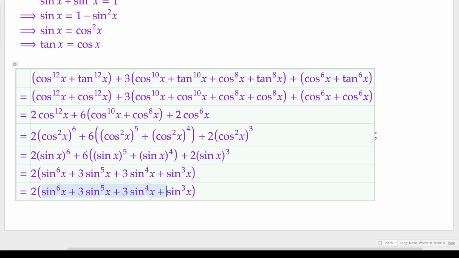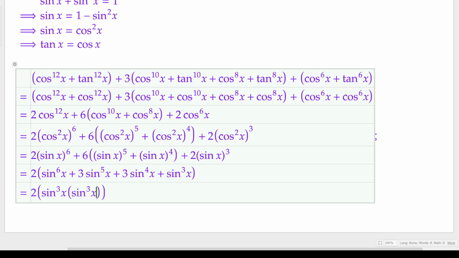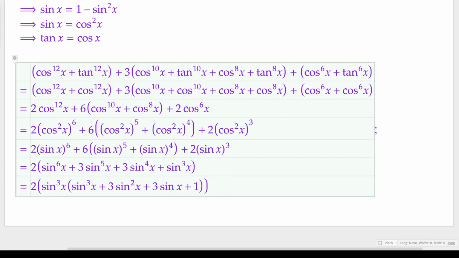So let me just remove all this and let me write all of this clearly, right? So here this will be sine x cube as it is for this power 6, and for this one this will be 3, and here this will be sine x squared plus 3 times sine x plus 1, right? And if you observe this quantity, this is clearly visible as sine x plus 1 whole cubed.